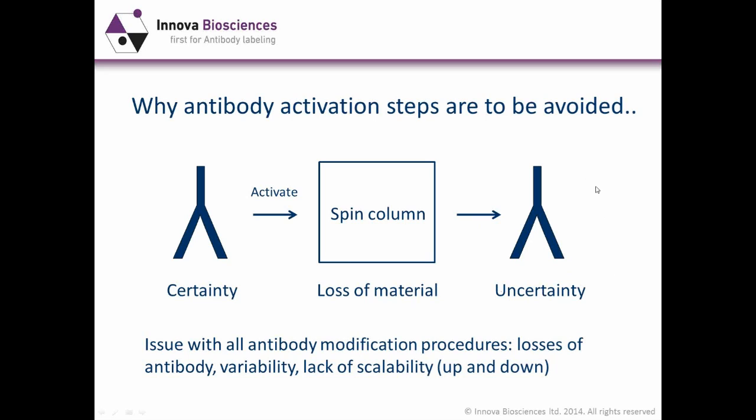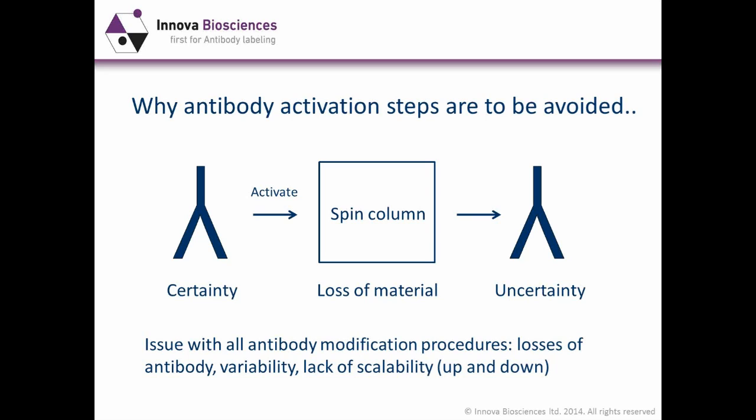Suddenly, before you go on to your conjugation reaction, there's uncertainty. You don't know how much you've lost. Okay, you can measure the protein concentration again. It's all very well, but you've lost material. There's uncertainty, and the next time you do the spin column, it may be slightly different. So again, you won't have exactly the same recovery of antibody. So your next conjugation reaction won't be the same as the one before.